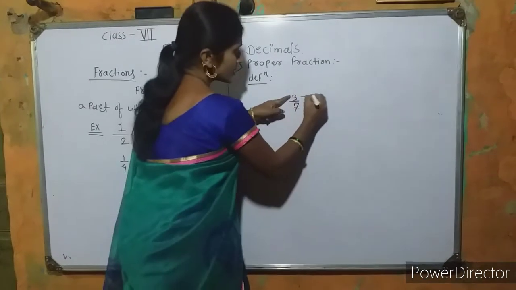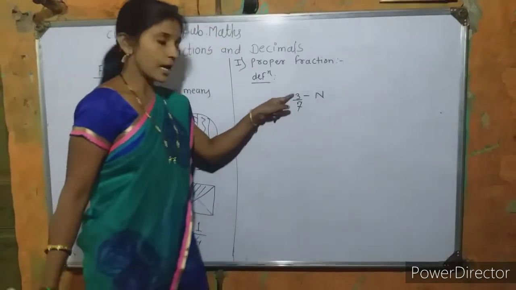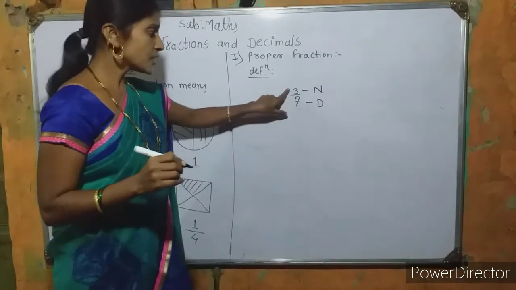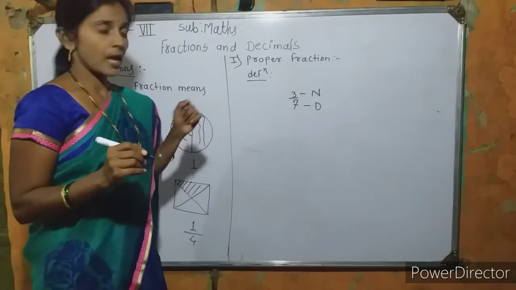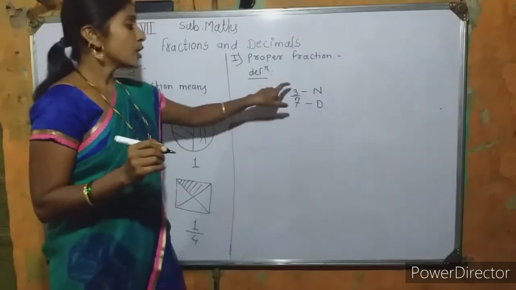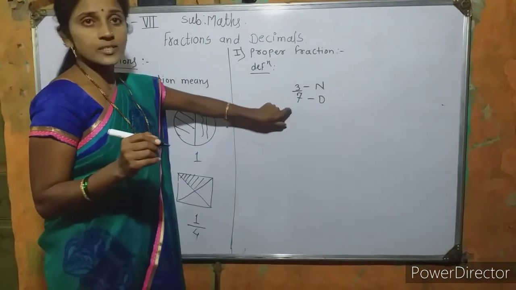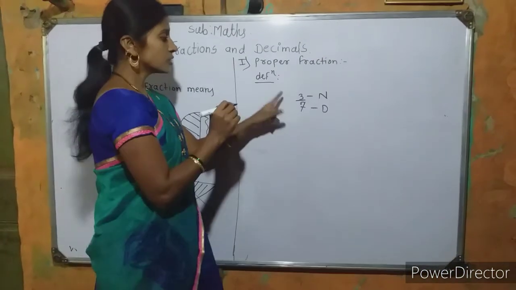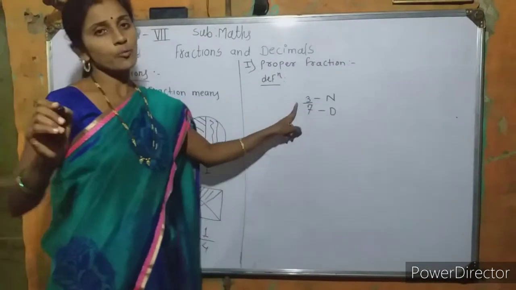Here 3 is in the numerator place and 7 is in the denominator place. So 3 is less than 7. It is called a proper fraction.